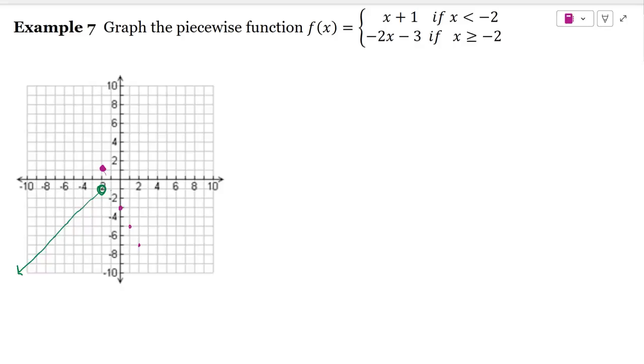Let me make this a little bit better. There we go. So the two lines don't overlap one another. I can see that if I have a vertical line drawn here, the purple line is included, but the green line is not because I've got an open circle there.